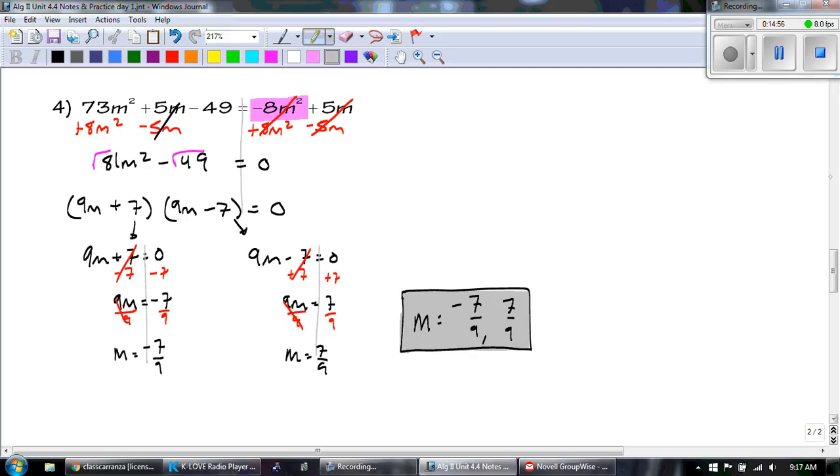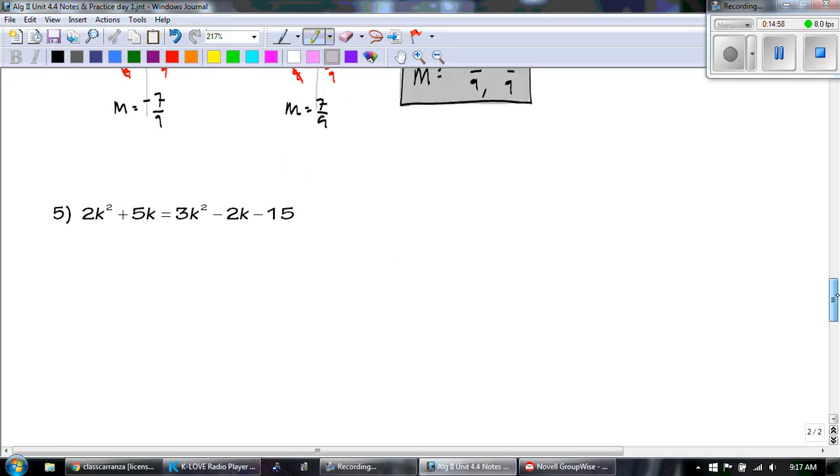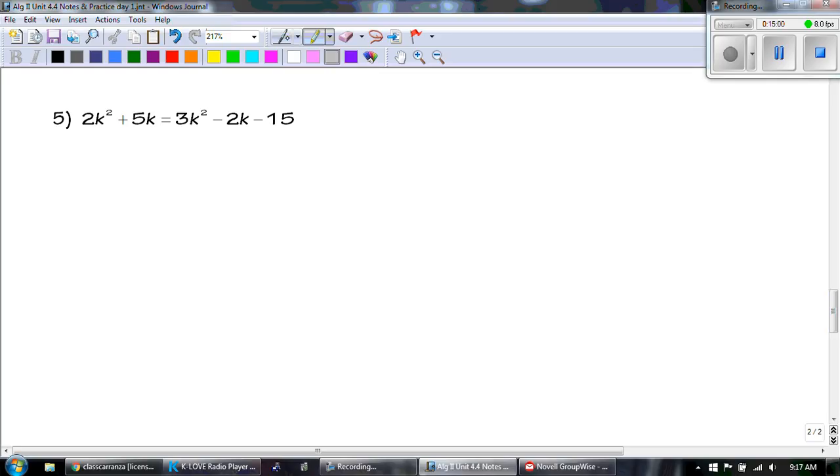All right, next one. Okay, so which one do we move? Yeah, we move the 2. So I'm going to subtract the 2k squared from both sides, and I'm going to subtract the 5k.